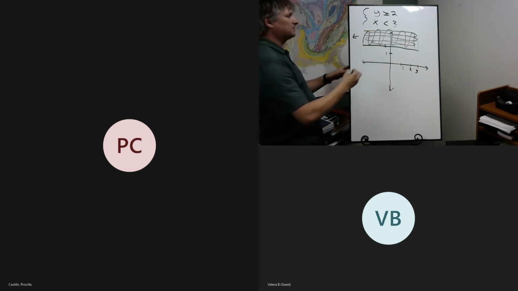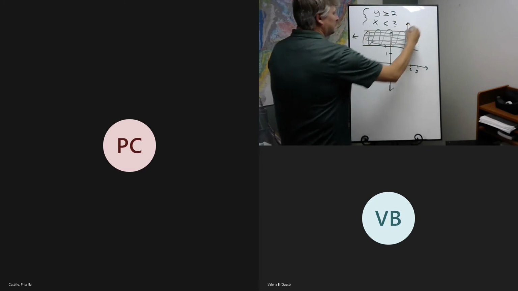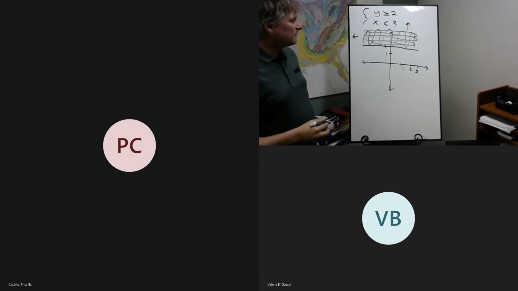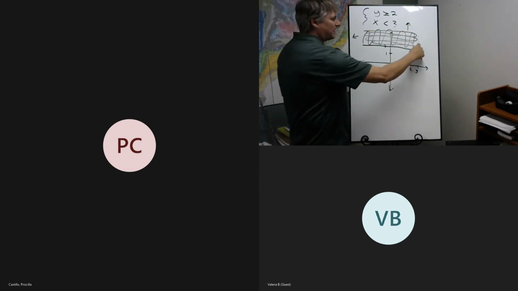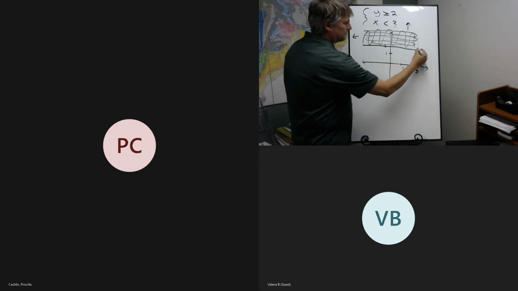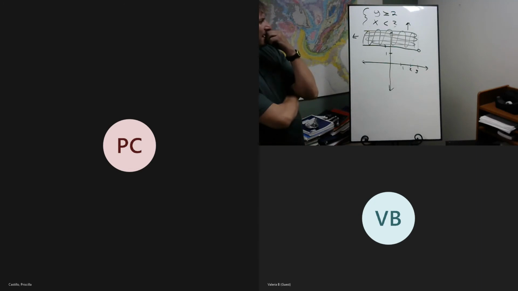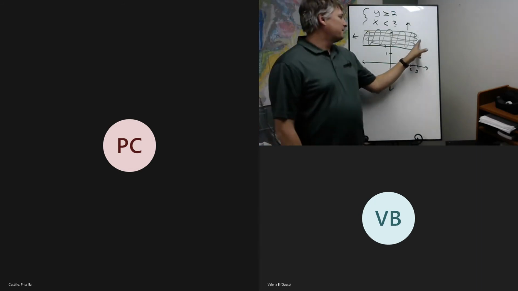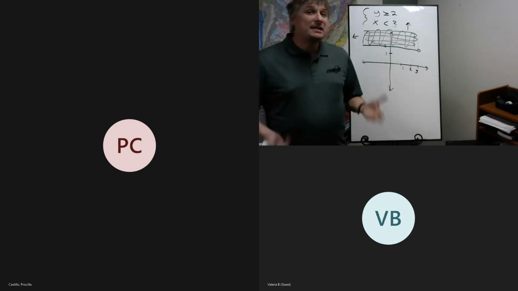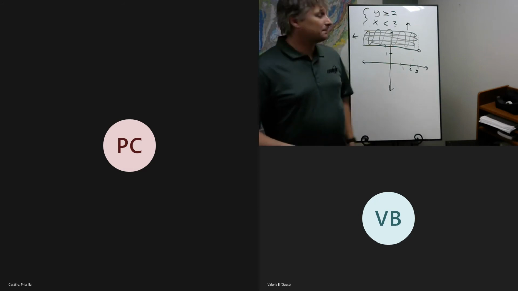It'll continue on in this direction. It'll continue on in that direction. And finally, where we have a dotted line crossing a solid line, put an open point there. Because anything on the dotted line needs to be excluded from our solution.